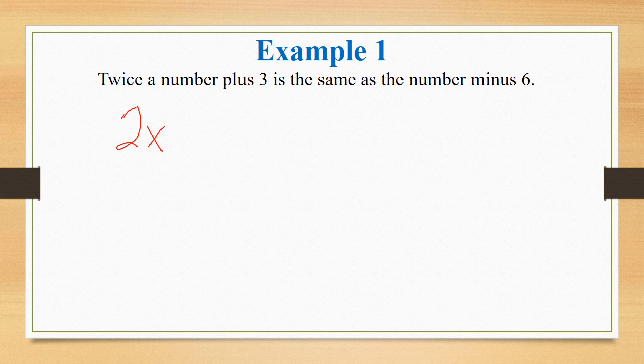Plus 3 literally means plus 3. There's no secret. Is the same as means equal to. The number minus 6. The number is x. So now I translate it from words into math, and now I'm able to solve.